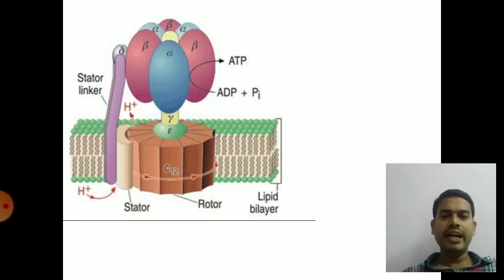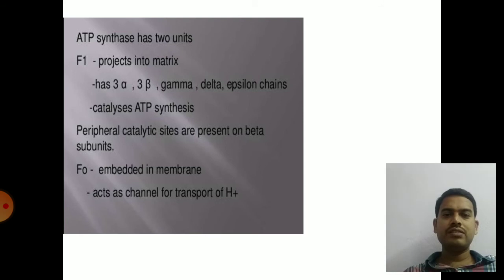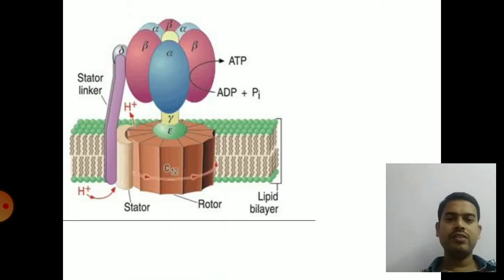Here is its head, which is called the F1 component, and its tail is called the F0 component. F1 projects into the matrix, so it faces the mitochondrial matrix. F1 means the head, and the tail is embedded into the membrane, which is shown here.